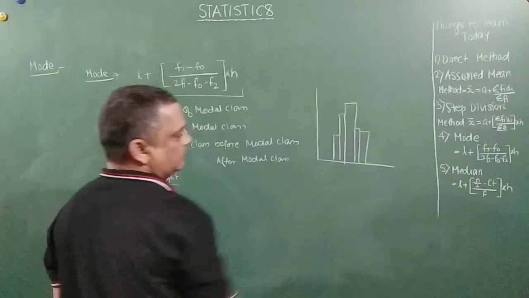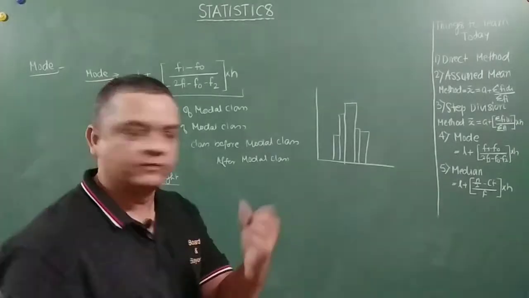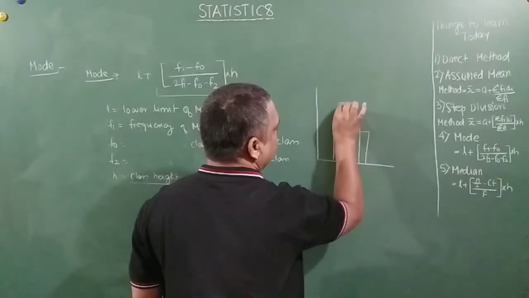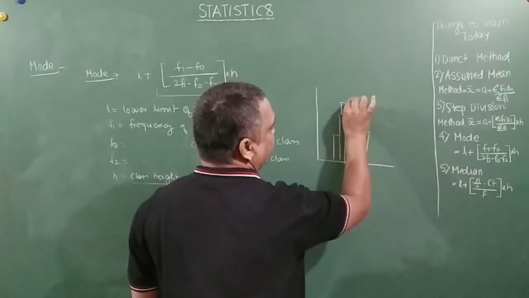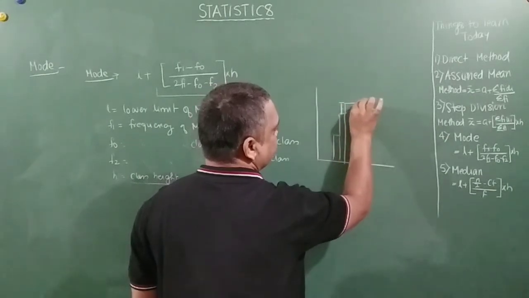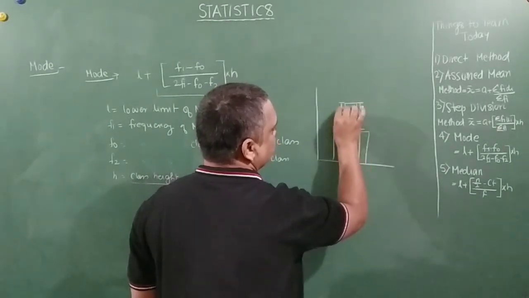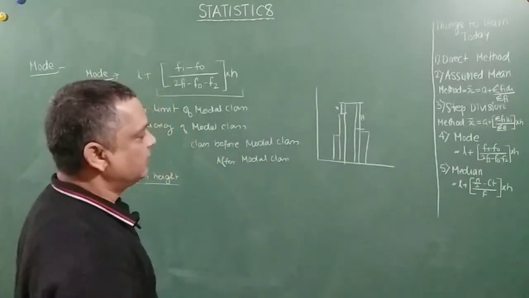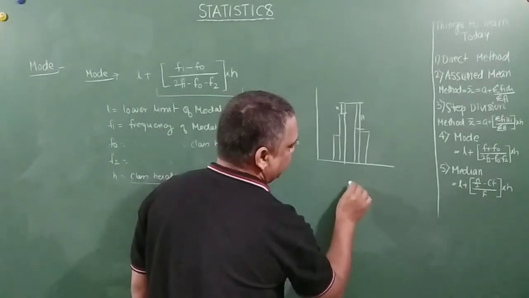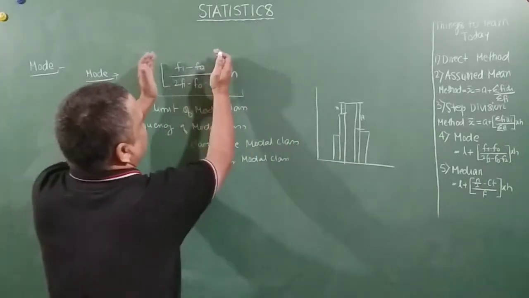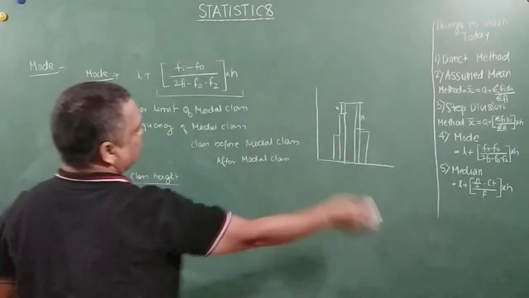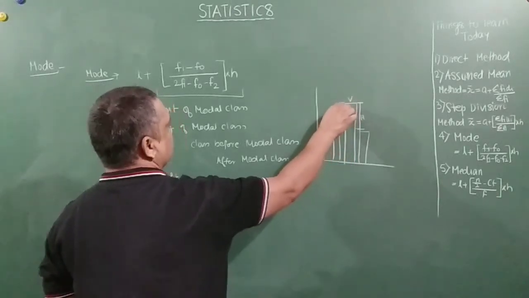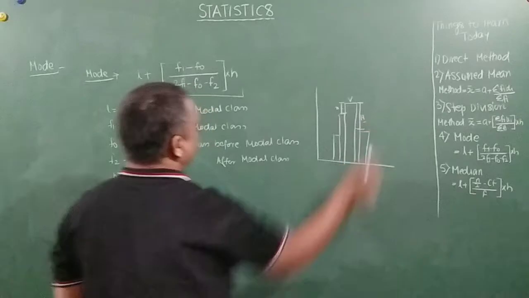Now your mode is what you know. Let us say this height, your mode is this height divided by this height plus this height. Got it? Let's say small h, capital H, right? What I'm trying to tell you here is that this value is like that only. This is F1, your modal class, the preceding gap is here, and the succeeding class gap is here.